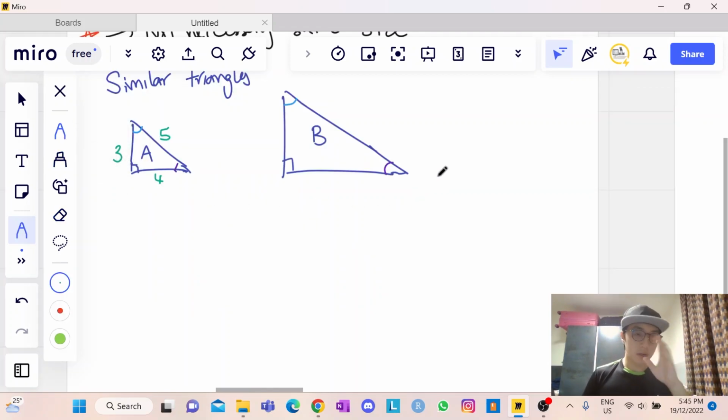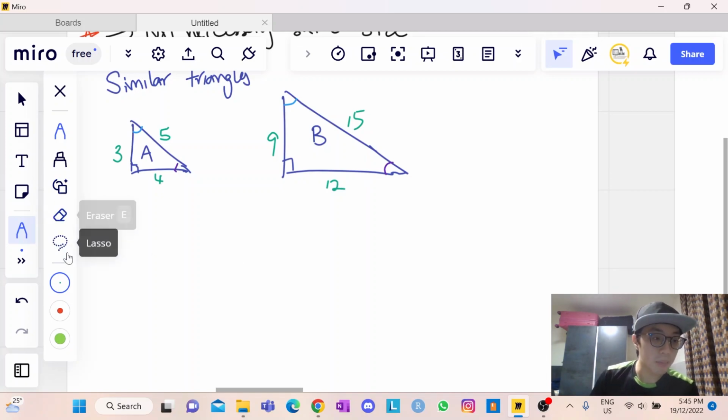The second triangle, triangle B, will have lengths of, let's say, 12, 9, and 15. These two are similar triangles, but we will prove how they are similar later on.